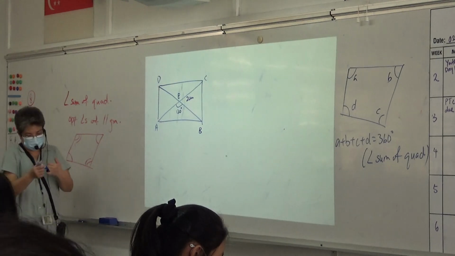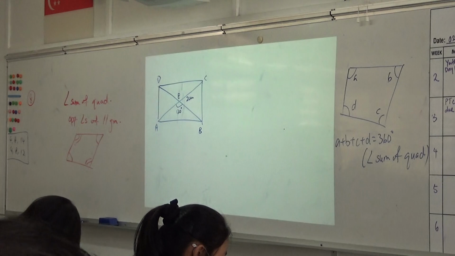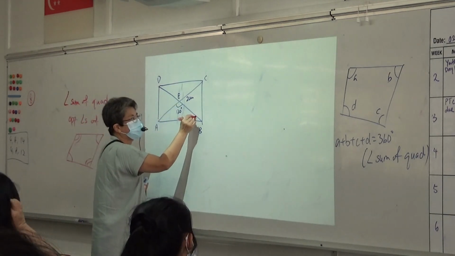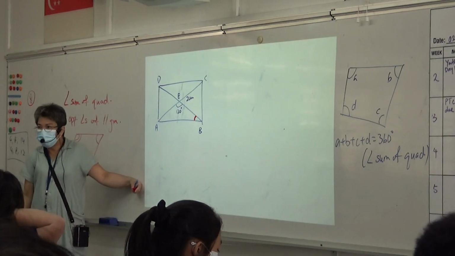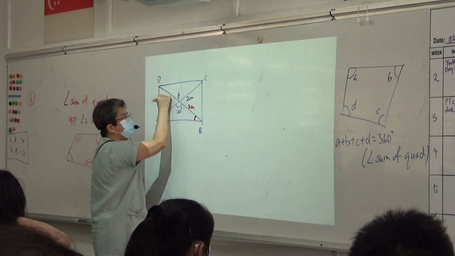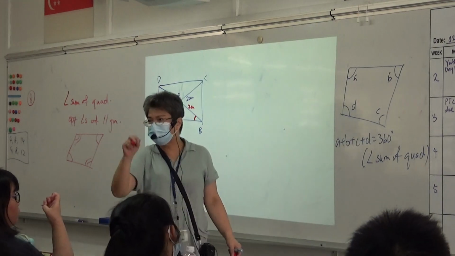All of you look up. Where's angle ABE? ABE is here, right? Just now in the property, if we know this is 2 cm, all these will be 2 cm, right? Because it's a rectangle.